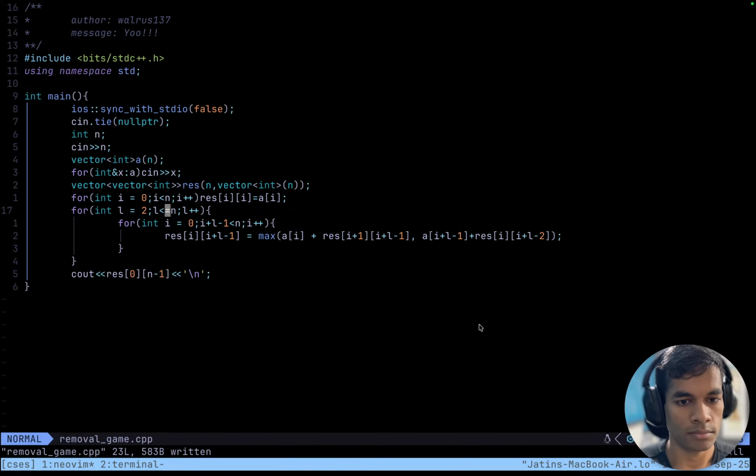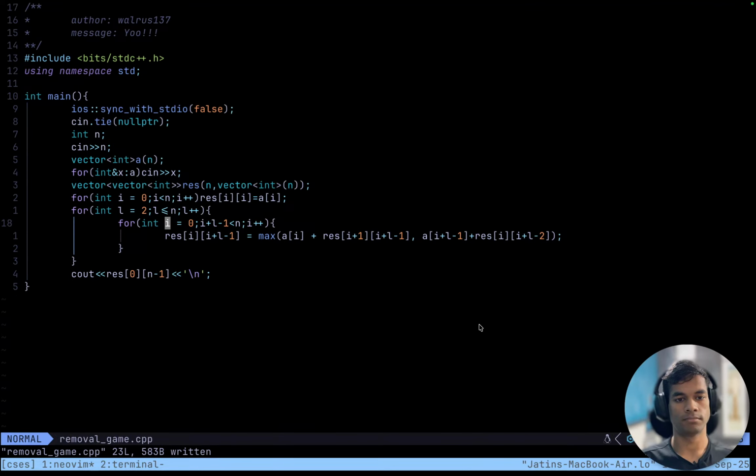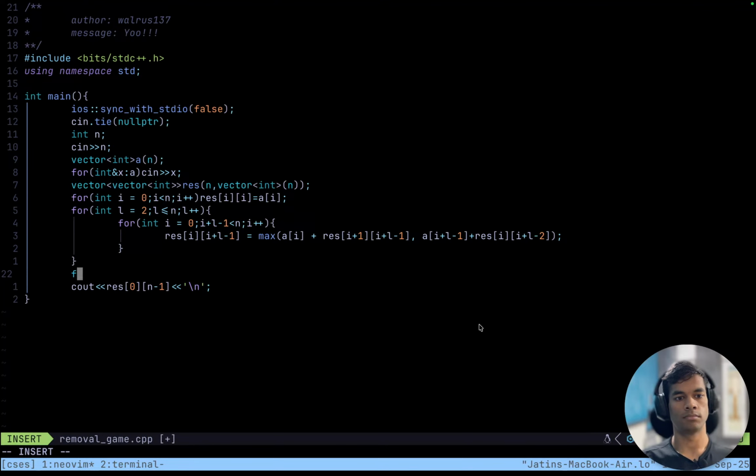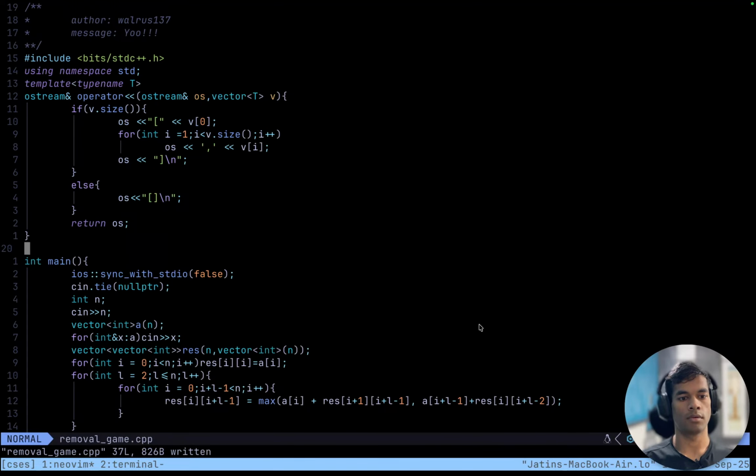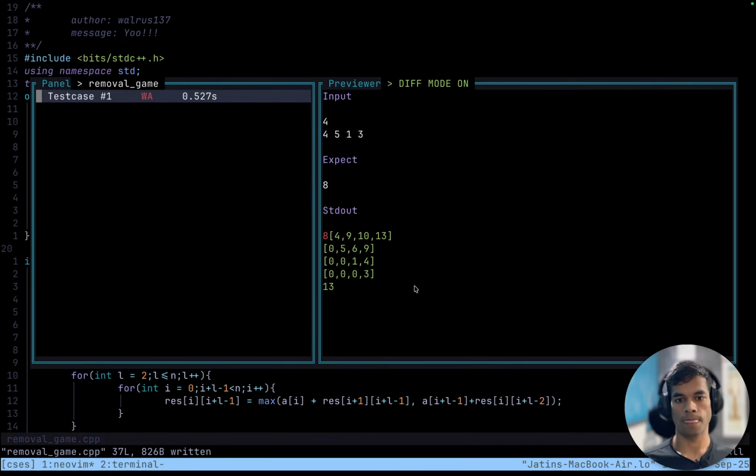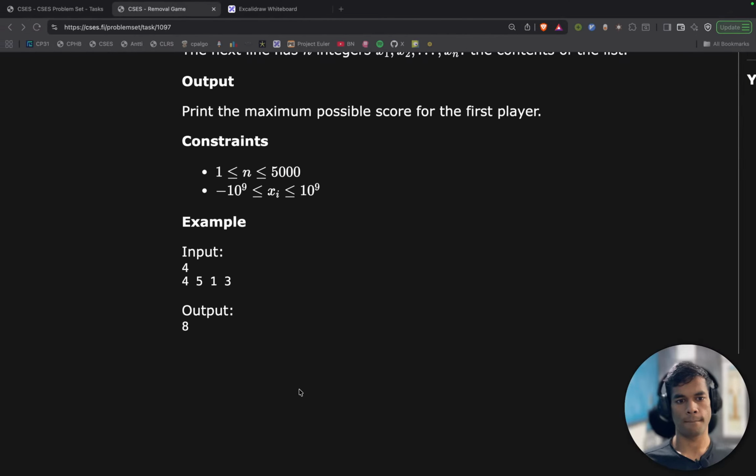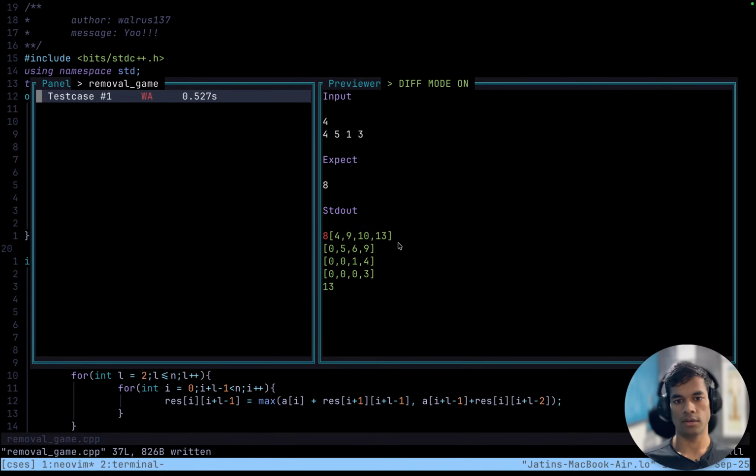Let me print res. The correct answer is 8, and 8 is nowhere to be seen in this matrix.